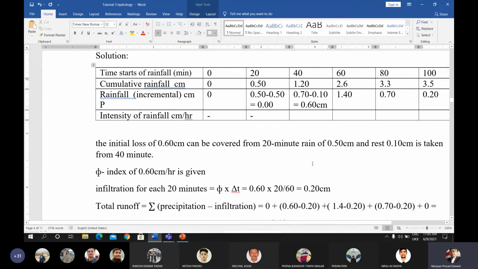For 20 minute duration, the intensity of rainfall is 60, and 60 into 20 divided by 60.